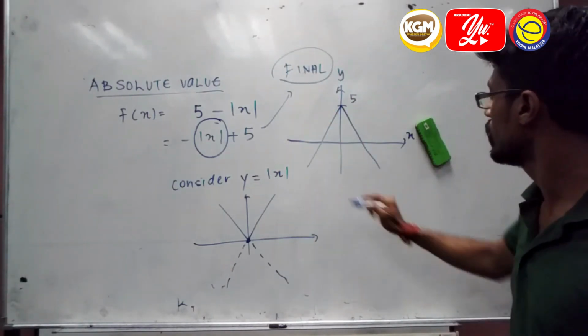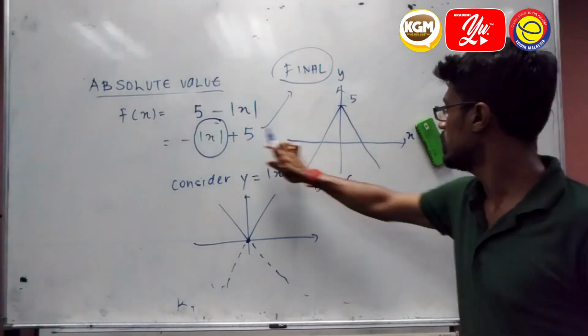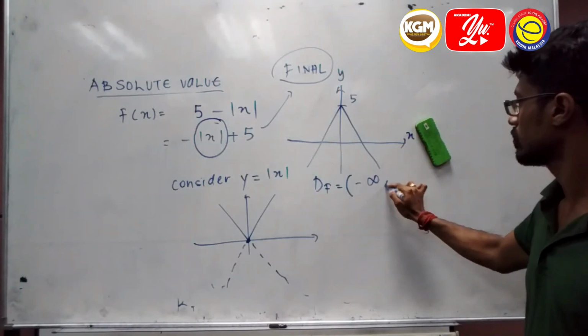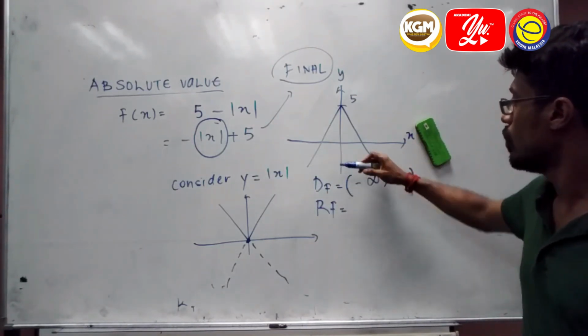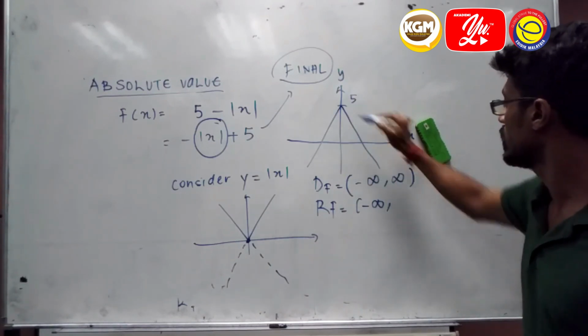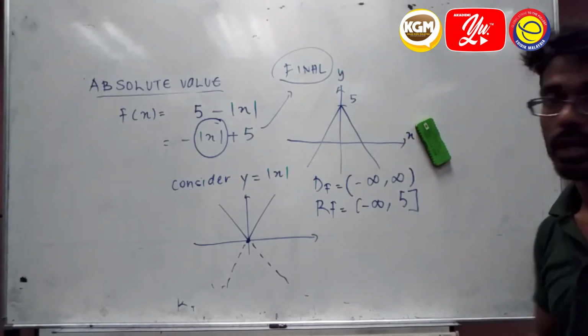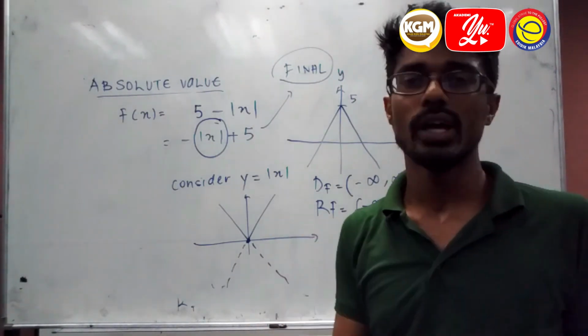We can go and state what is the domain and the range. The domain is going to be all the values of x. And the range from the lowest value, which is going to be negative infinity, up until 5. I hope you would enjoy sketching your absolute value function. It's fairly simple.